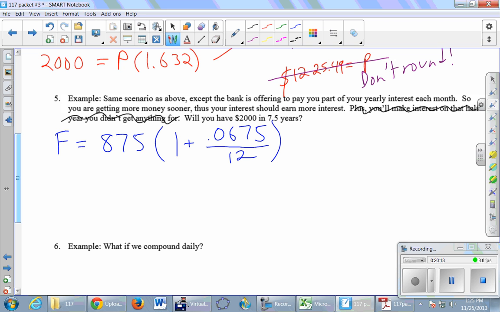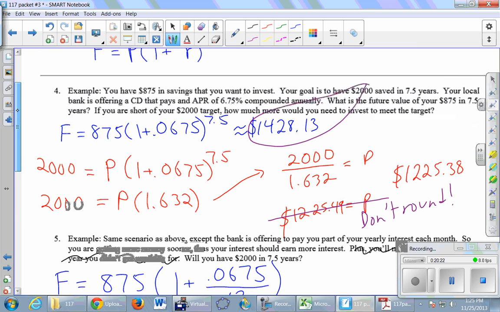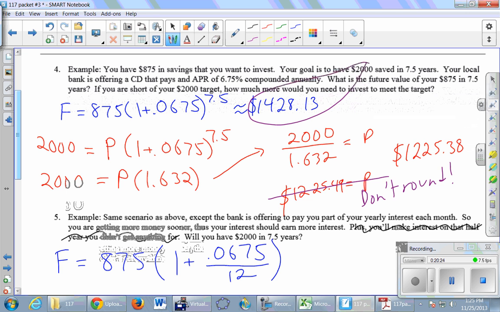And there's one more modification we need to make. If I just put 7.5 up there, then that's 7.5 years. But we're now talking months. What do I need to do to 7.5 to make it a monthly figure? That's the right idea.